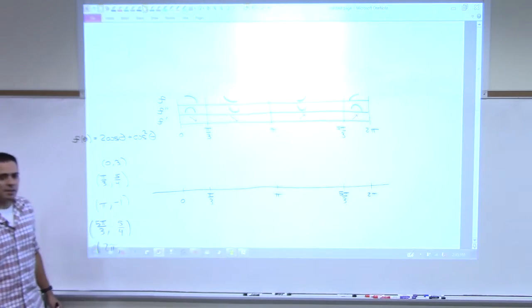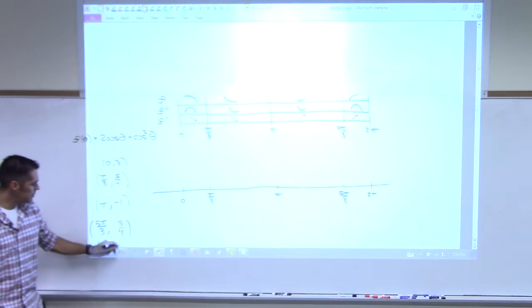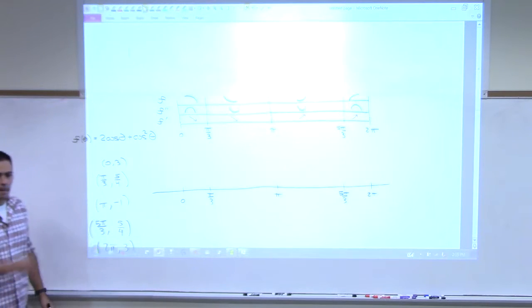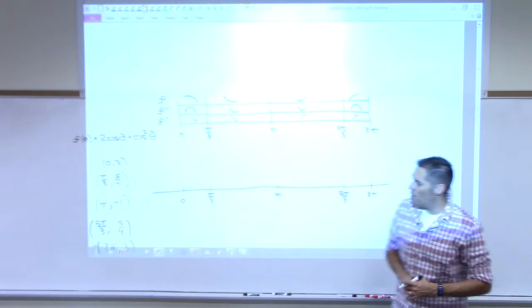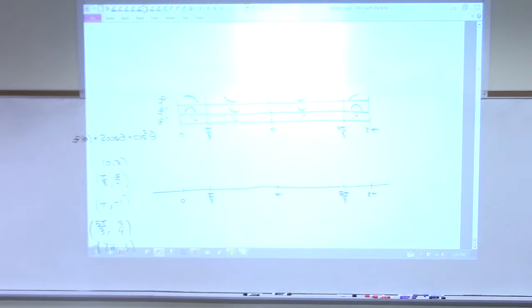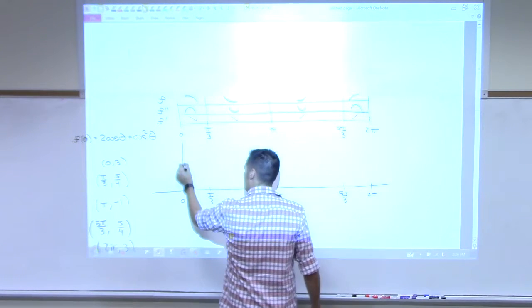Shouldn't I get the same thing as when I plug in 0? So 3. What's the largest number you see here? 3, and the smallest number is -1.